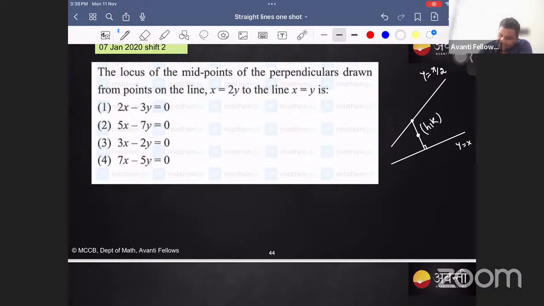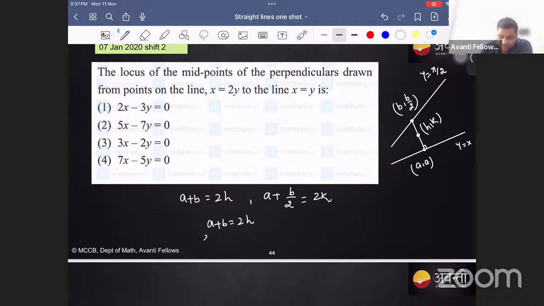Now see, any point on this line will be (a, a). Any point on this line will be (b, b/2). So a plus b will be 2h using midpoints and a plus b/2 will be 2k. So a plus b is 2h and 2a plus b is equal to 4k.